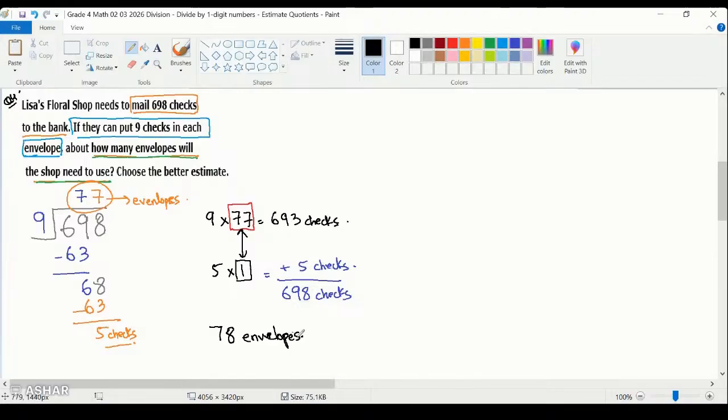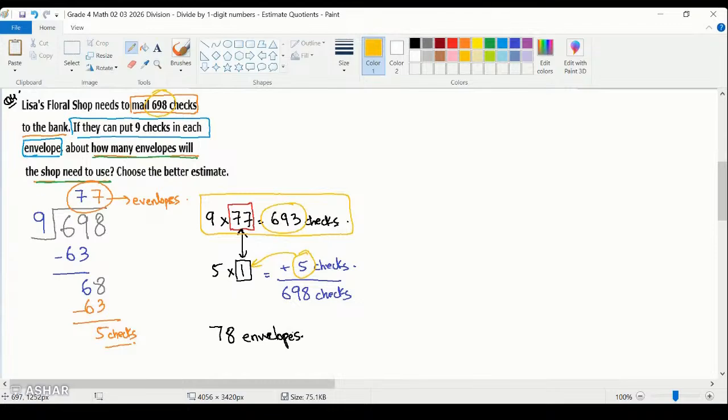78 envelopes would be used, because 77 would only have 693 checks in it. But we need to send 698. For the remaining 5 checks, we are using one more envelope. All the checks have to be in an envelope, right? So 77 envelopes were completely filled with 9 checks each.